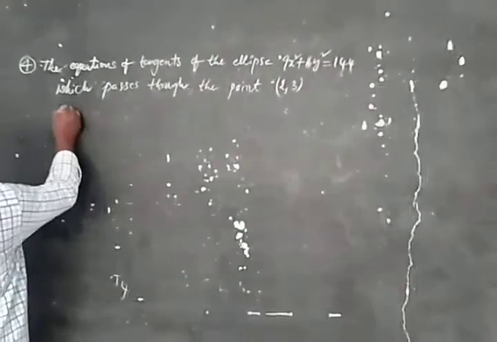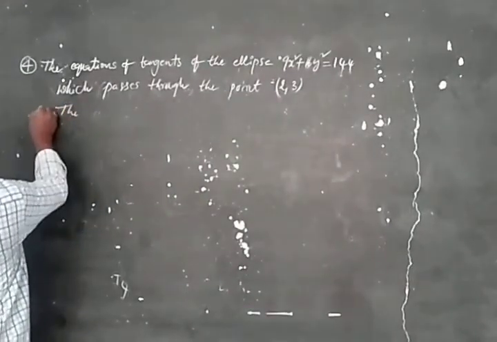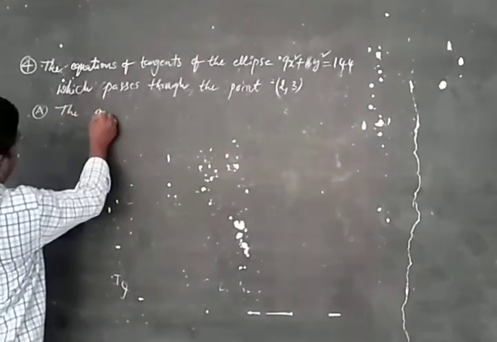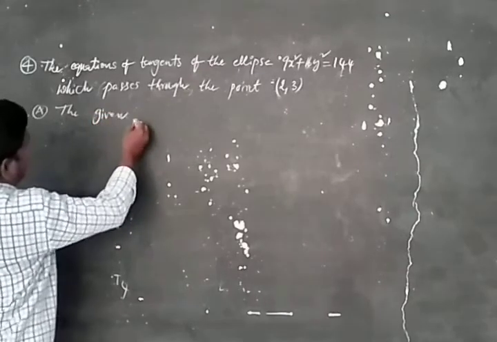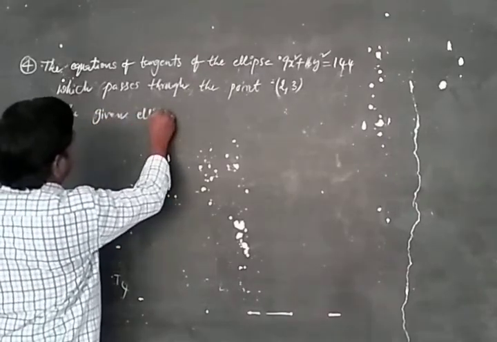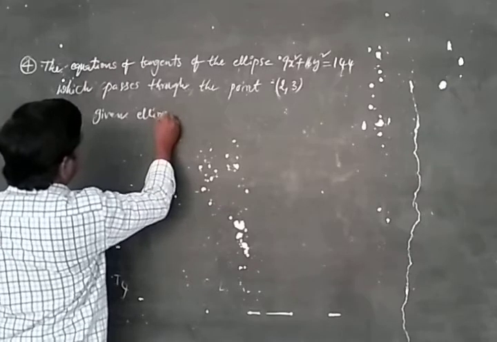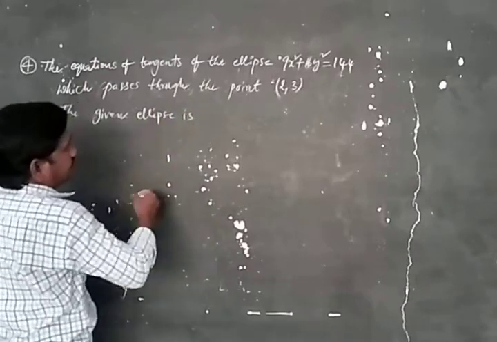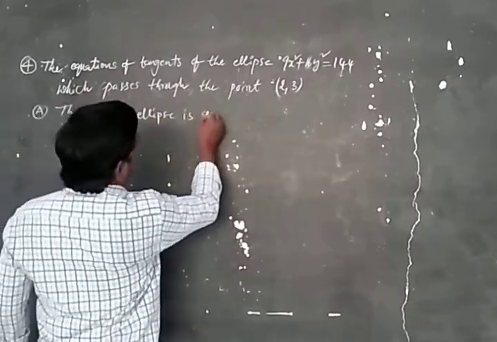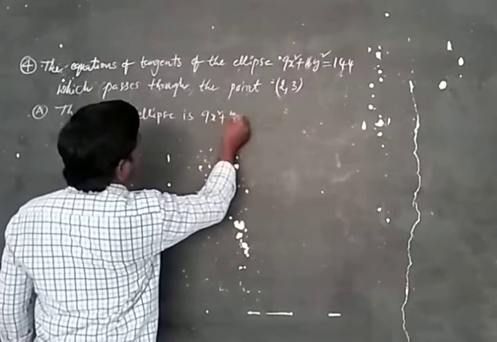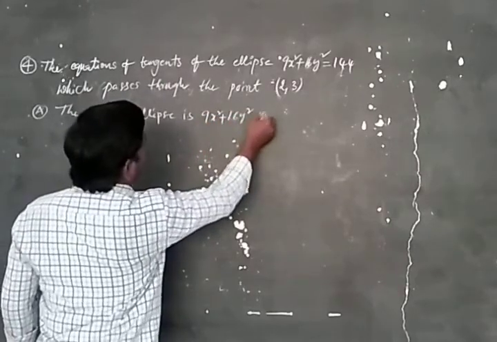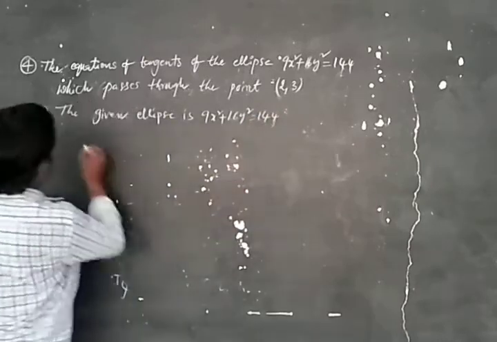Now the given ellipse is 9x square plus 16y square equal to 144.